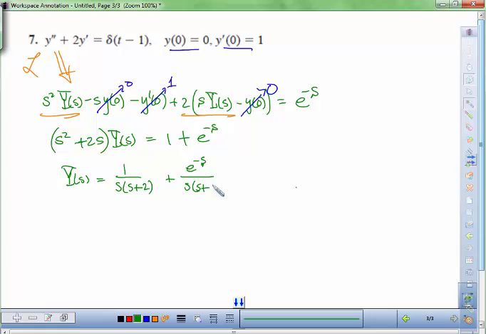Since the numerators are 1 for both of these denominators, except for this e to the s, which is a constant that I can just move out, I really just need to decompose the partial fraction for 1 over s and s plus 2.